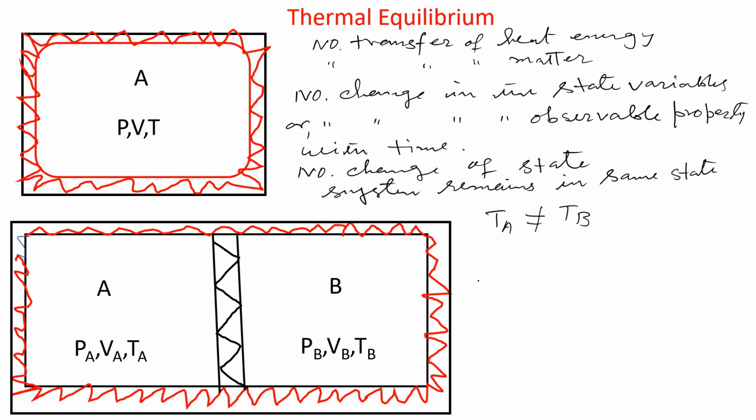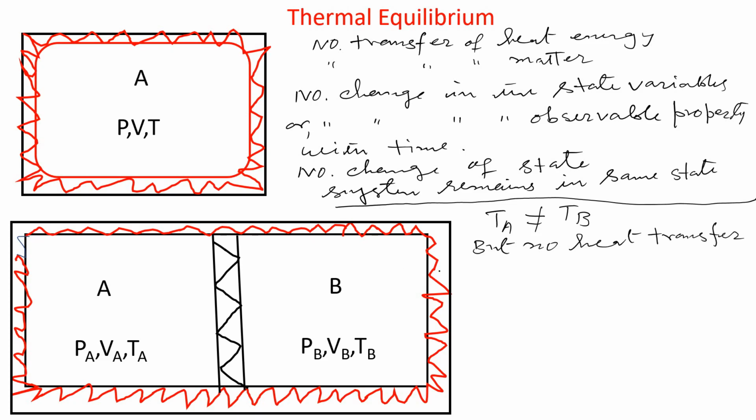So what we can write for this system is that TA is not equal to TB, but no heat flow or heat transfer between the systems.